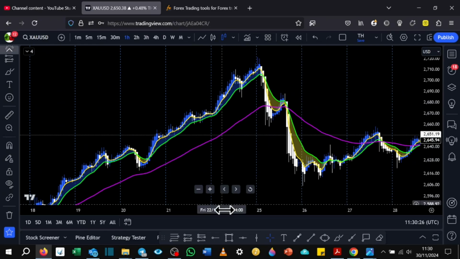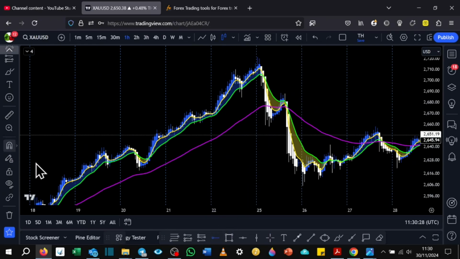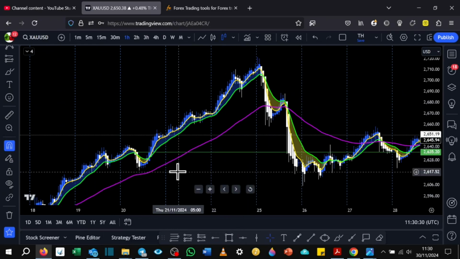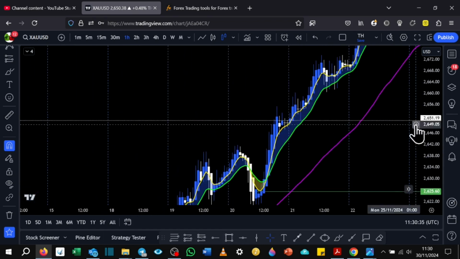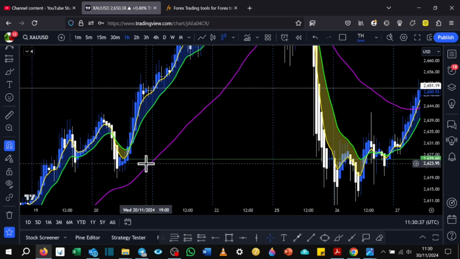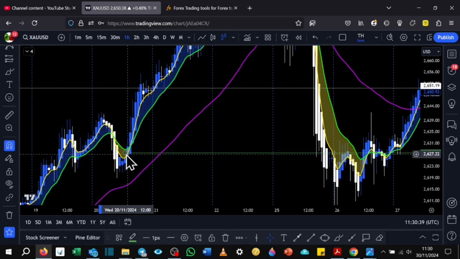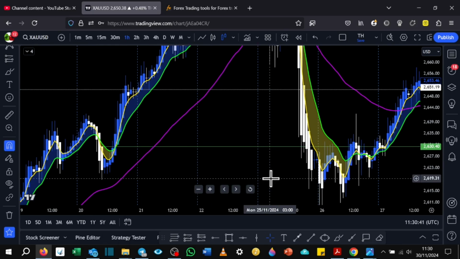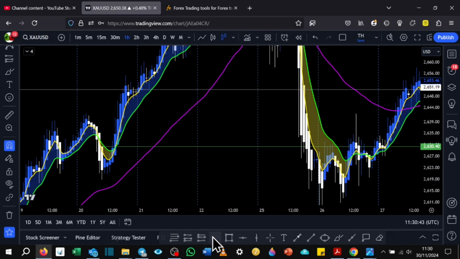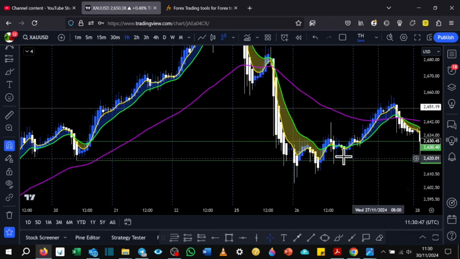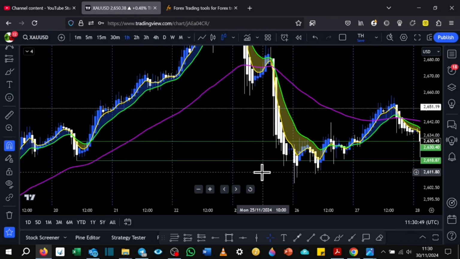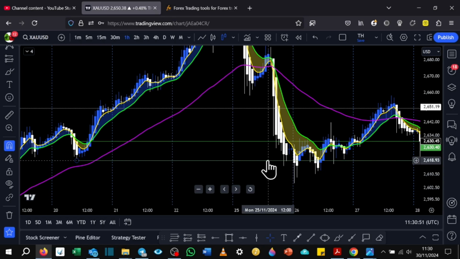I did think that price was gonna reverse off this area here. It's a risky trade because it's a very fast moving train, and my stop loss was around here.